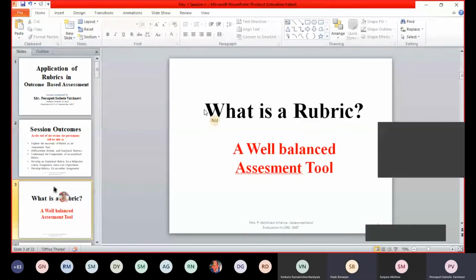Now, let us suppose you want to evaluate your student on a particular criteria across various components or some kind of competency or some kind of student work. Then in such case, rubric will act as an assessment tool which will help you to analyze the achievement of the student's activity.